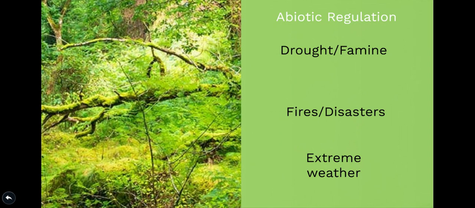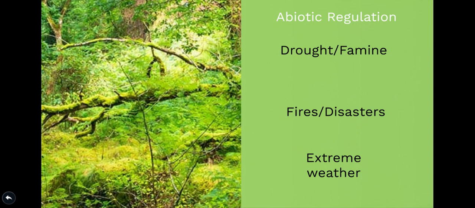Fires and disasters. So fires are quite important in certain habitats, as we looked at in the biome area when we looked at the grasslands. They're predominantly seen as places where fires happen on a yearly basis, and that keeps trees from growing. But that can also impact upon population sizes, and you might get bottleneck events caused by big fires.